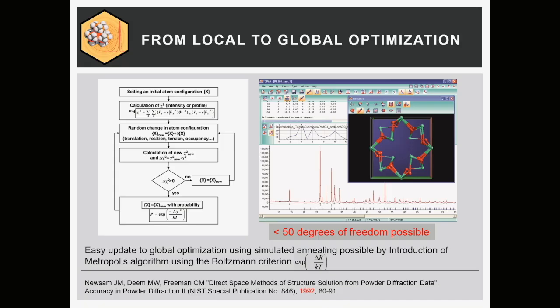So you accept bad moves with a certain probability, and the probability at the beginning of your structure solution is extremely high. That means you accept all moves. You just broke the space. Let's say you make 1 or 2 million trials in space, and then you pick up the best solution.